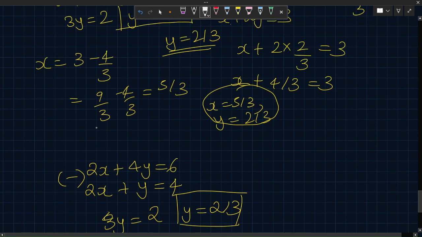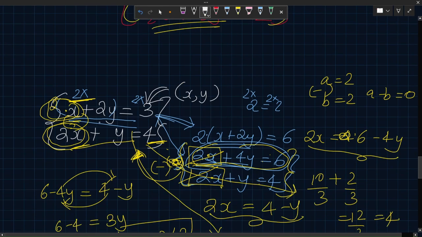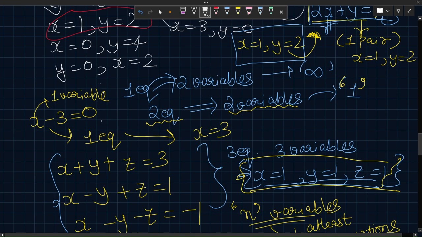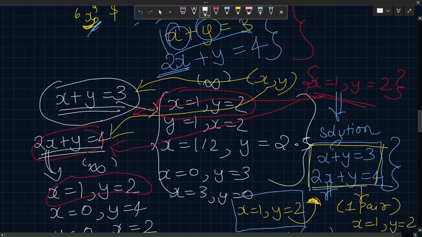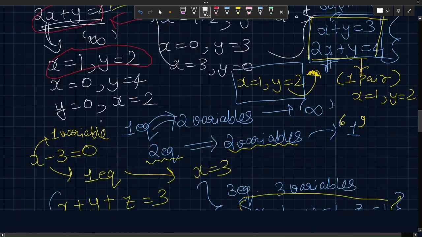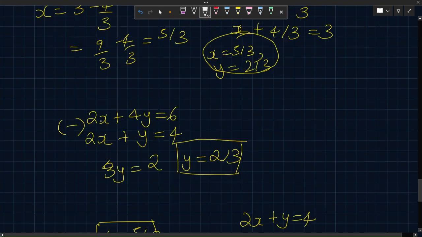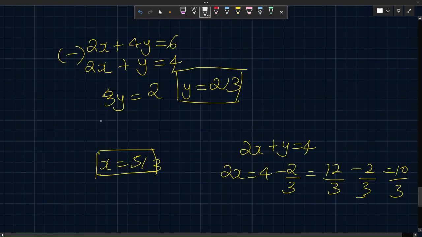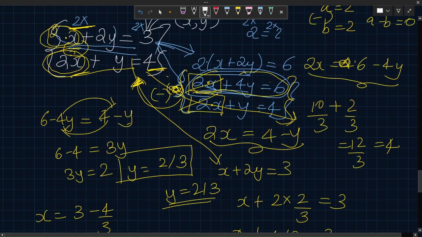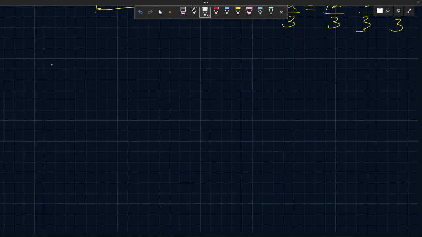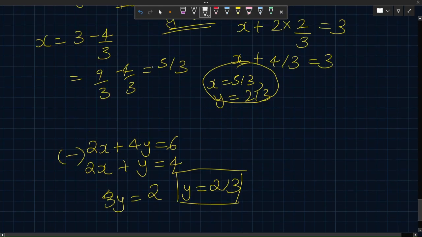What were my equations? So x plus 2y is 3 and simultaneously 2x plus y is 4. These were my equations.